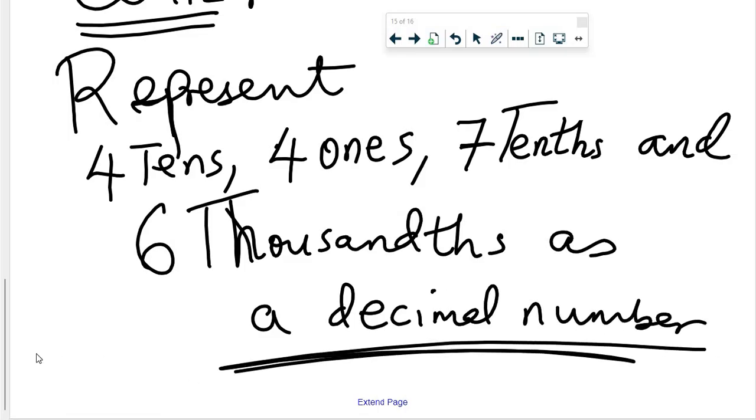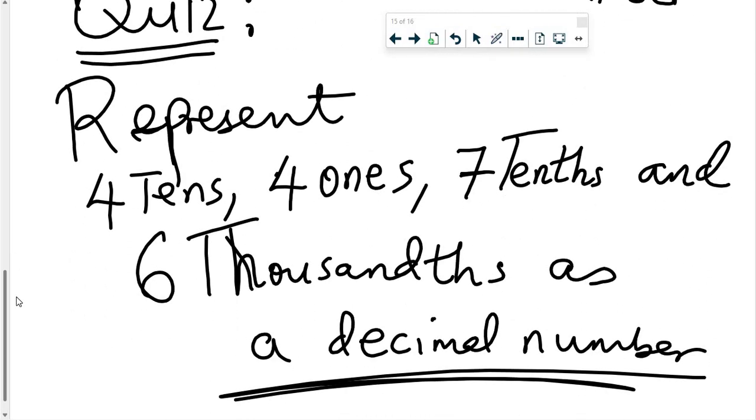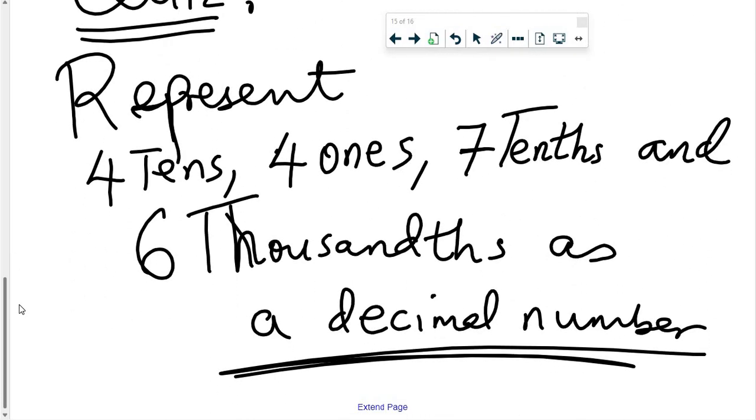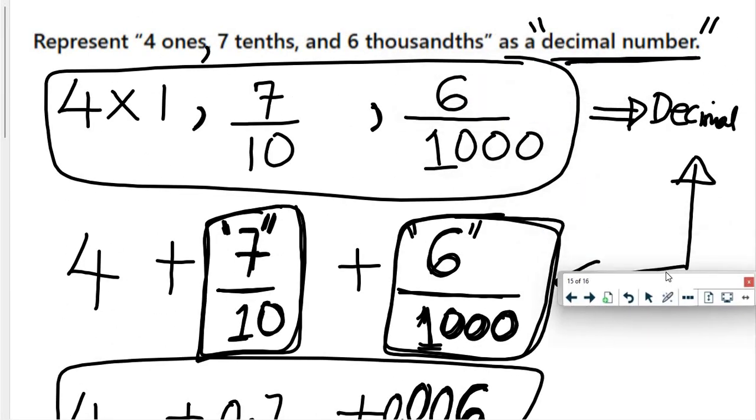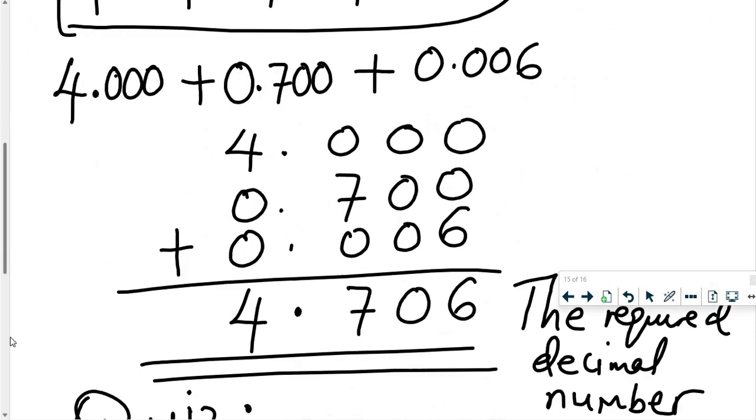That is a bonus for you. And try this: 4/10, 4 ones, 7/10, and 6 thousandths as a decimal number. How can you represent that as a decimal number?